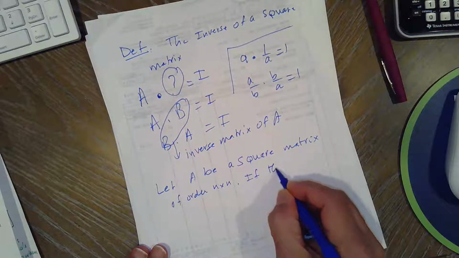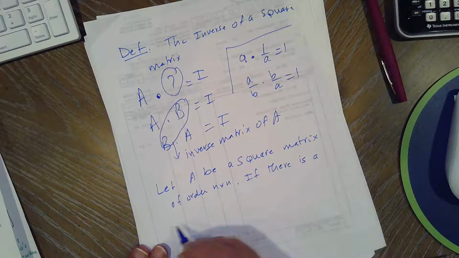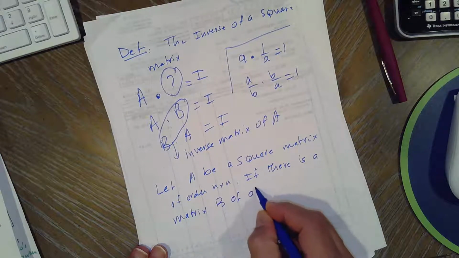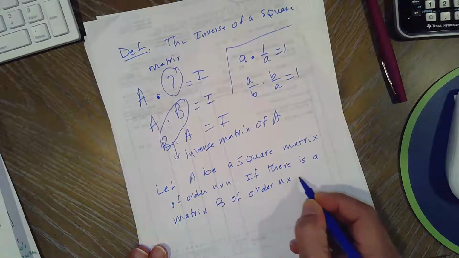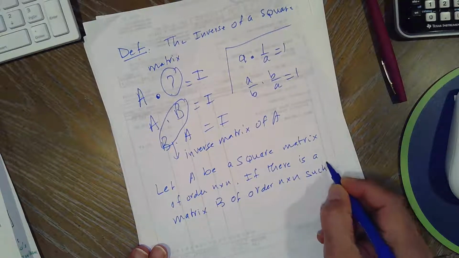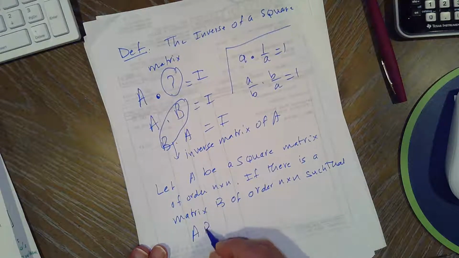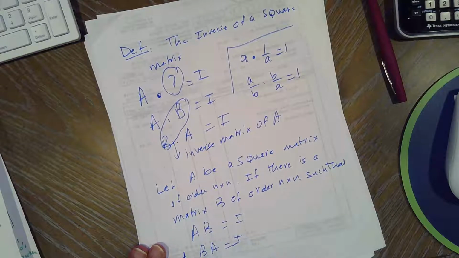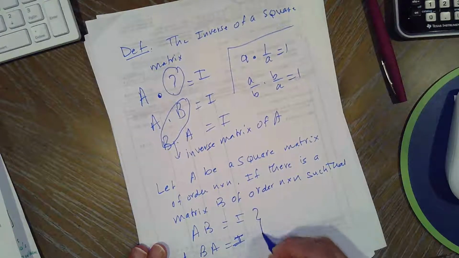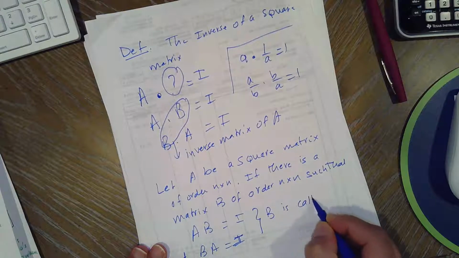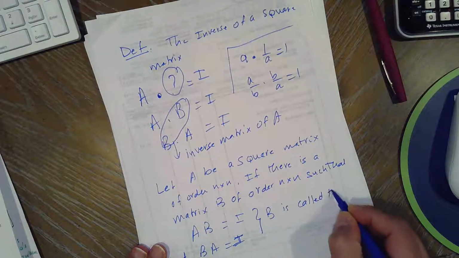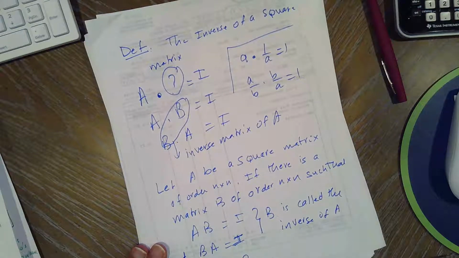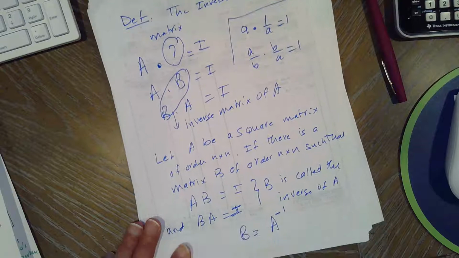If there is a matrix B of the same order as A, of order n by n, such that when you multiply them together, you get the identity, B times A equals I, B is called the inverse of A. And we write A inverse.